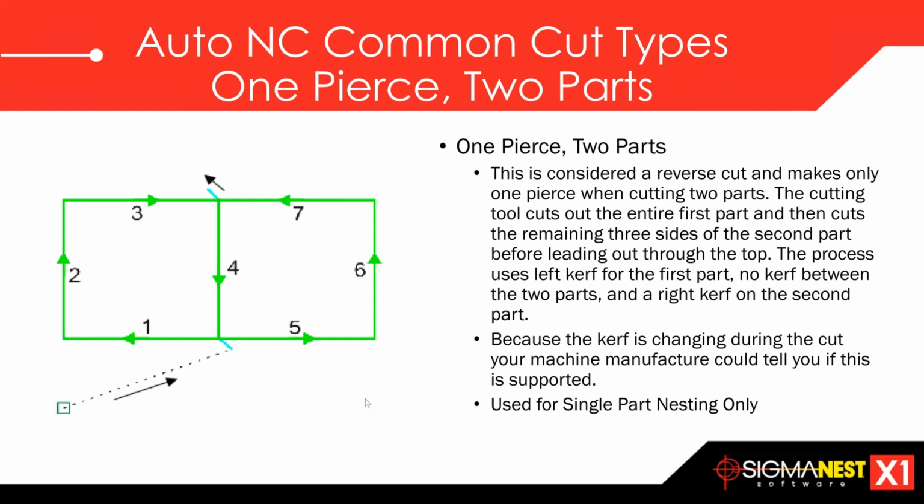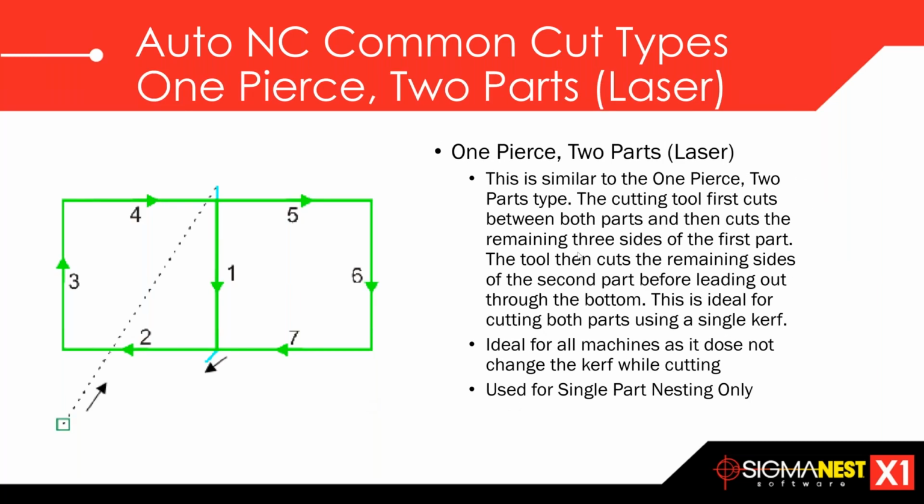Therefore, we have the function called 1 pierce 2 parts laser. What that does is it switches up the sequencing of how it cuts, but it maintains the cutter comp through the part itself. In this order, it cuts the center through line 1 first, then goes around and cuts the outside of the part.